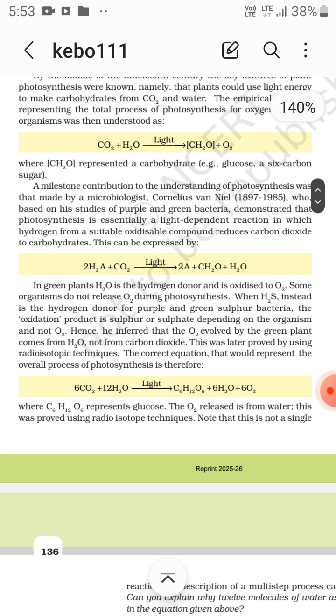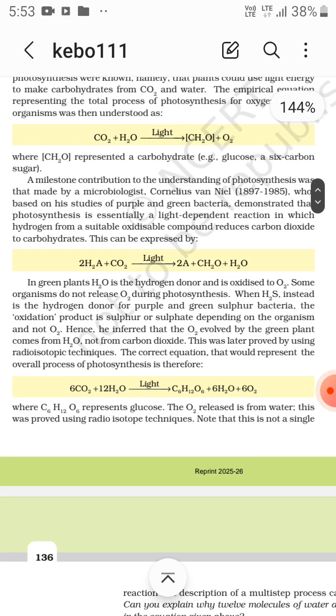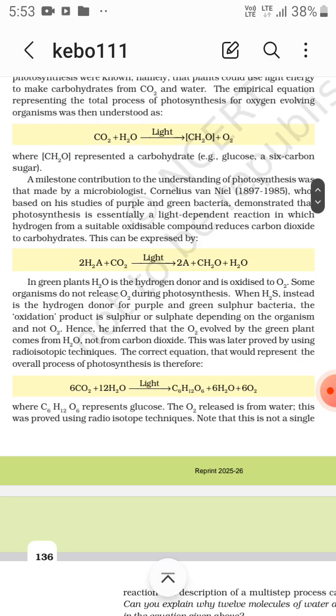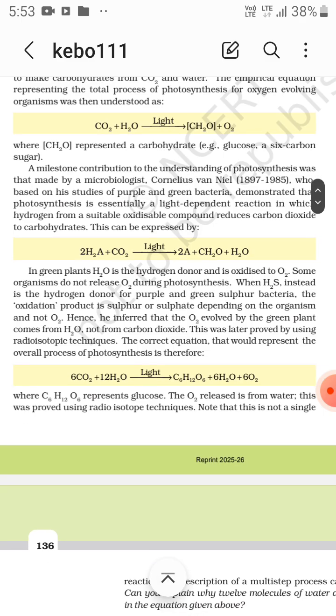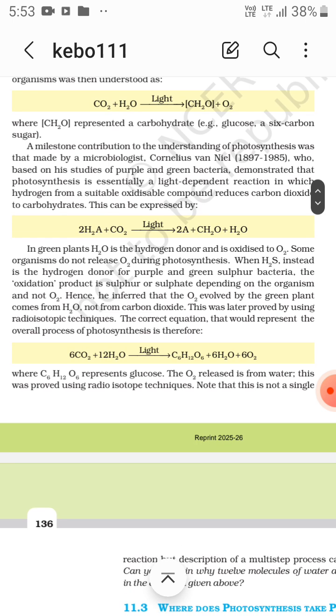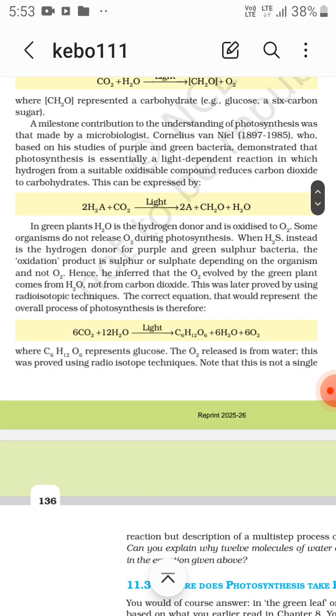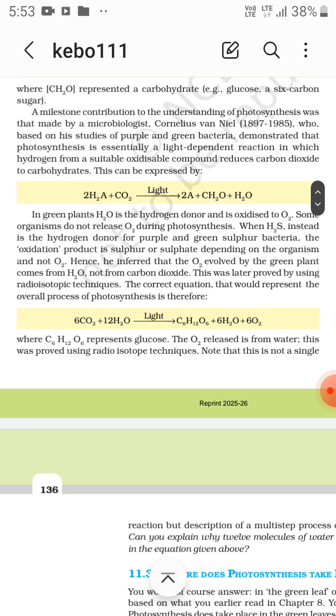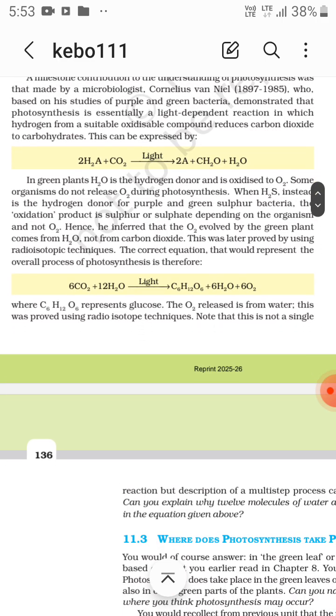Now some organisms do not release O2 during photosynthesis, when H2S instead of H2O is the hydrogen donor, for purple and green sulfur bacteria. The oxidation product is sulfur or sulfate depending on the organism, and not O2. Hence he inferred that the O2 evolved by the green plant comes from H2O, not from carbon dioxide.